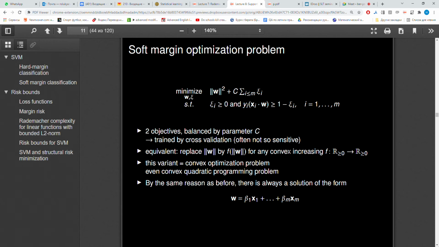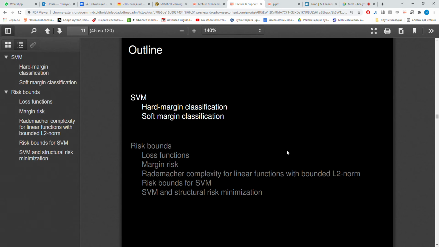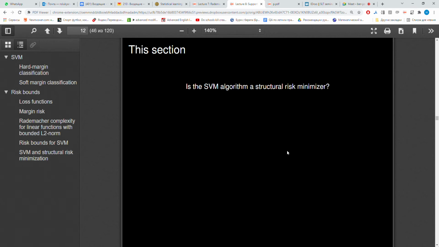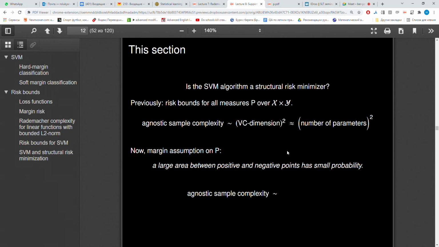So we have some optimization of our task from the realizable setting for the agnostic setting.